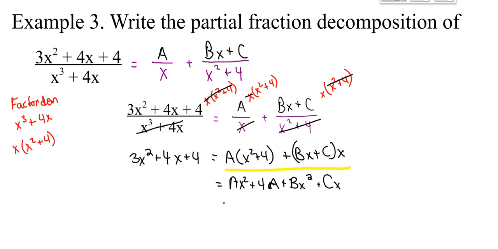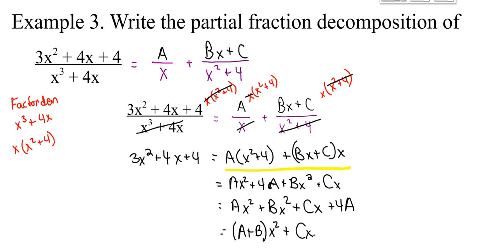So this is ax squared plus bx squared plus cx plus 4a. Then I'm going to factor out the x squared, so I know exactly what that is. That's going to be (a plus b) times x squared plus cx plus 4a. Those could be more involved, but in this one they're not.